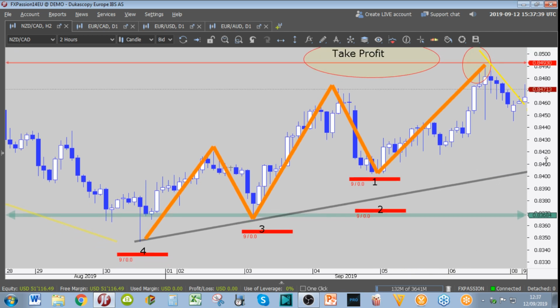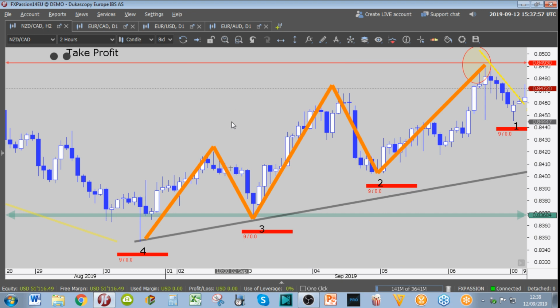Where should the stop loss go? Should the stop loss go here? Number 1. Should the stop loss go here? Number 2, 3, 4. Which one is the most logical place right now? What do you think, everybody? We encountered another trading opportunity.